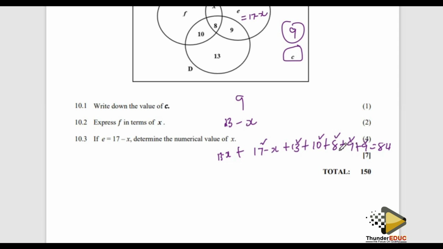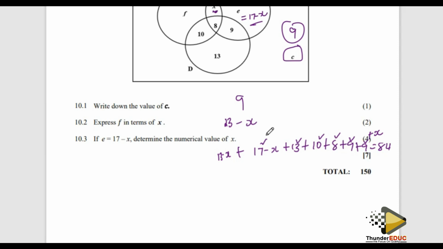Now, my calculations are misleading me. There's also an x somewhere. Because we said 10, 8, 9, there has to be this x part, that x part, and then this x part. Let me use the calculator, guys.